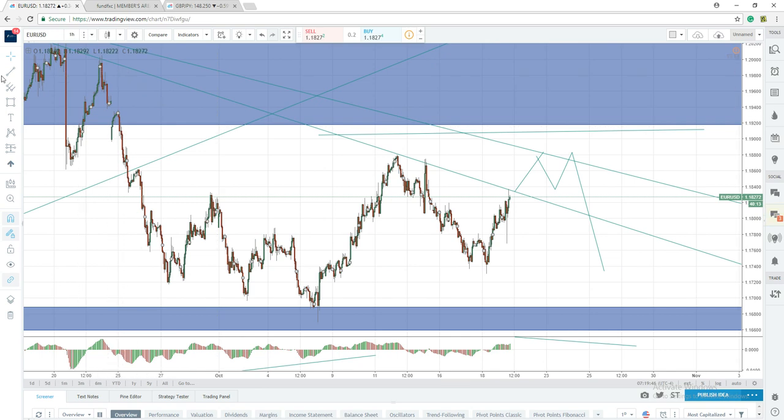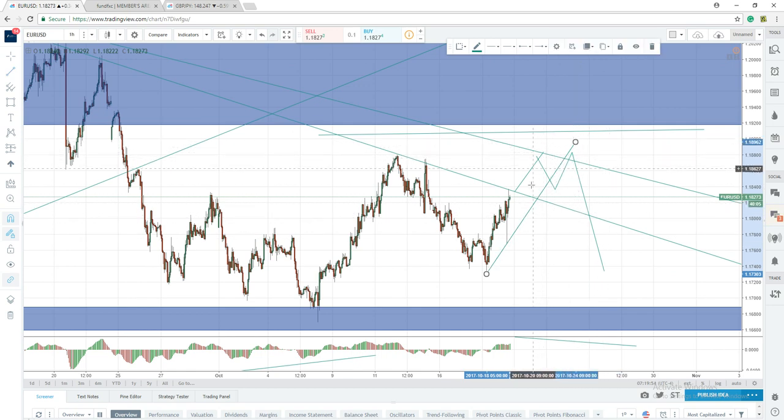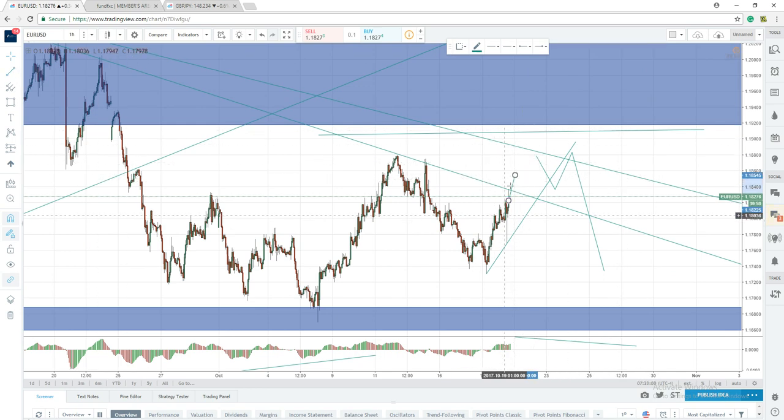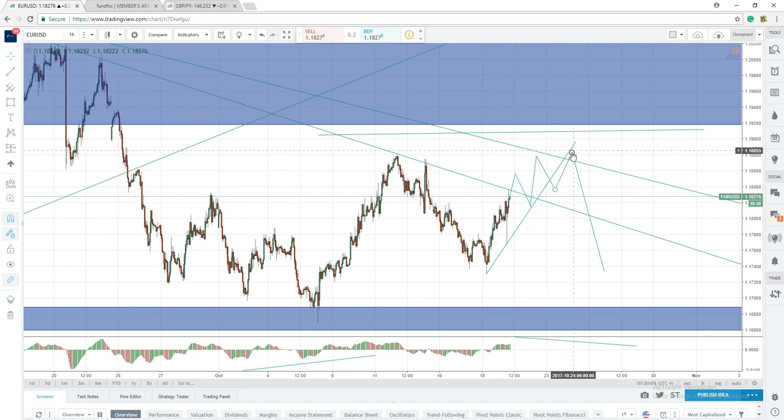So in essence, this will have its own trend line forming from here, probably. Could be like that. Now, this is what price possibly could do. I'm drawing hypothetically here. It could go high and then low and then high again. So we have 1, 2, 3, 4 waves and then the fall.